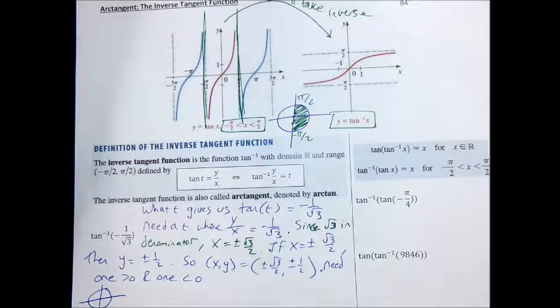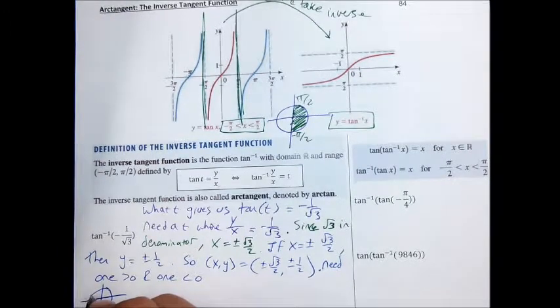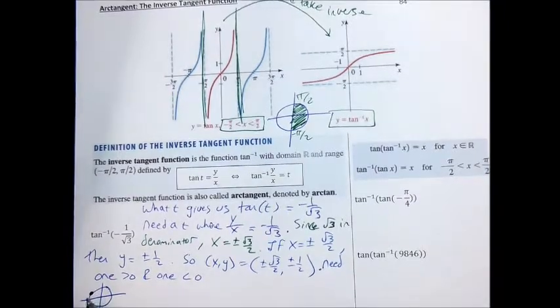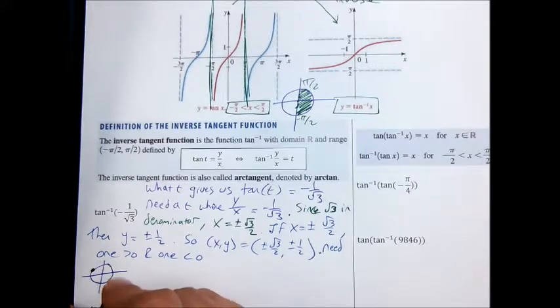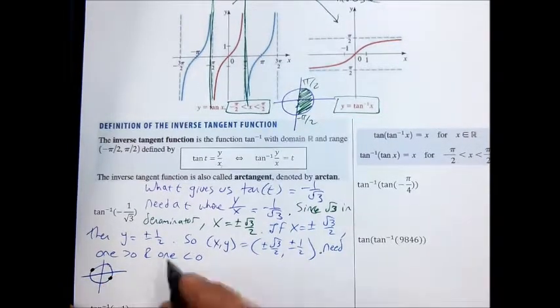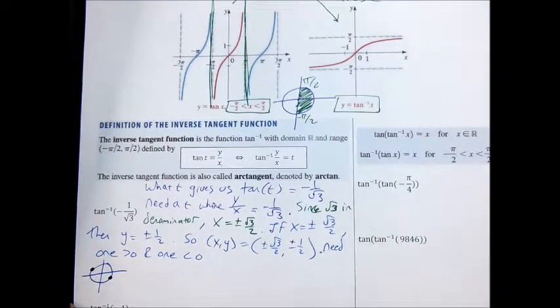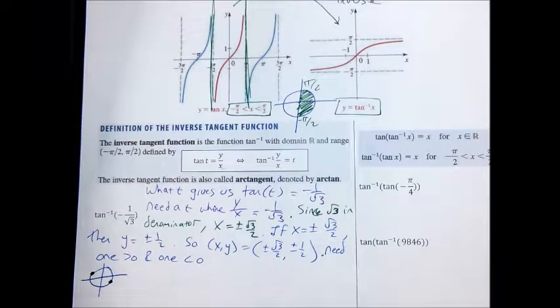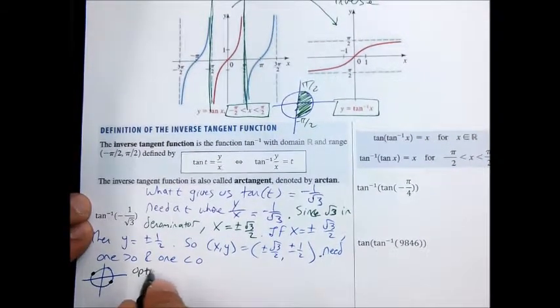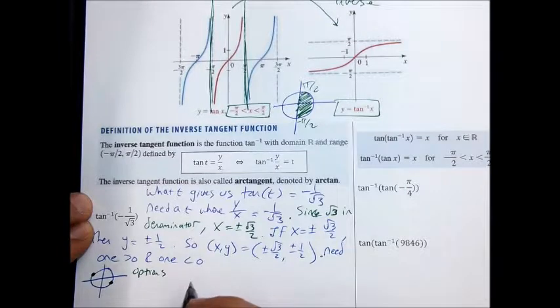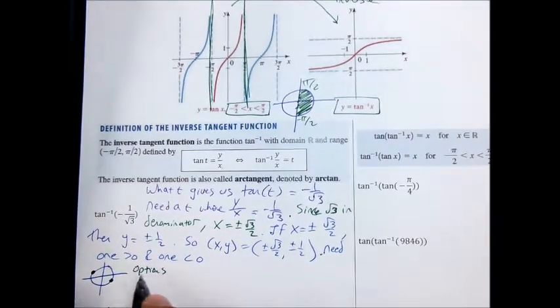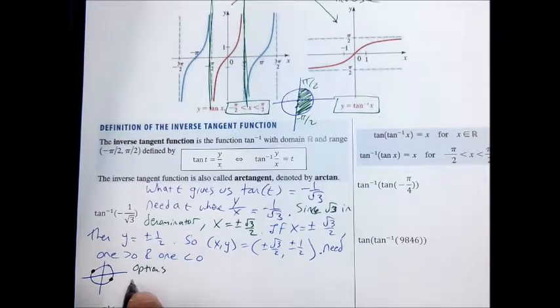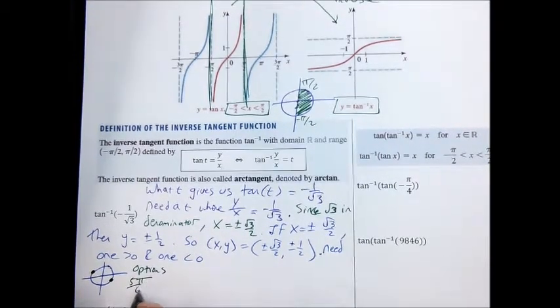And if one's positive and one's negative, that means it's either this point, that would be a negative x and a positive y, or this point, that would be a positive x and a negative y. And so our options are, well, there's lots of options, but the straightforward ones are going to be 5 pi over 6, or maybe minus pi over 6.